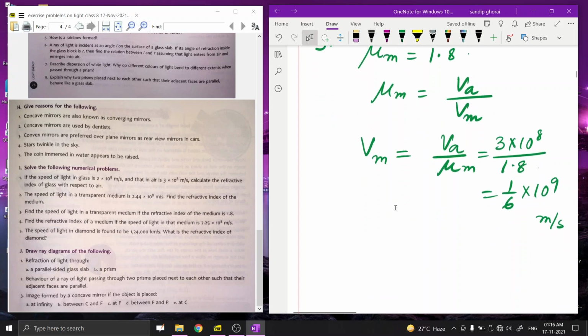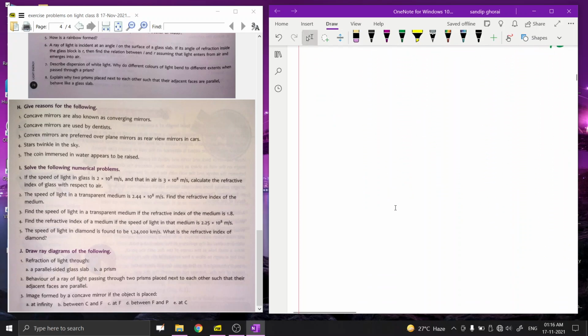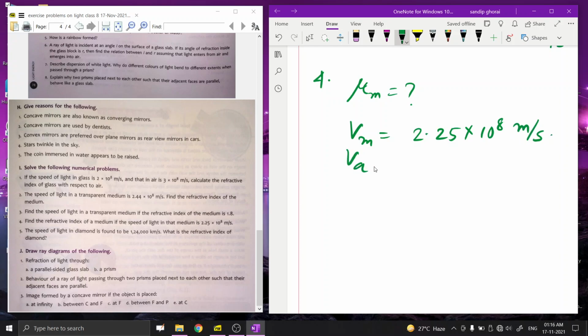Now we move to our next question, question number 4. Here also find the refractive index of a medium if the speed of light in that medium is given. So here we have to find mu m, and Vm is given, that is 2.25 into 10 to the power 8 meter per second, and Va is equal to 3 into 10 to the power 8 meter per second.